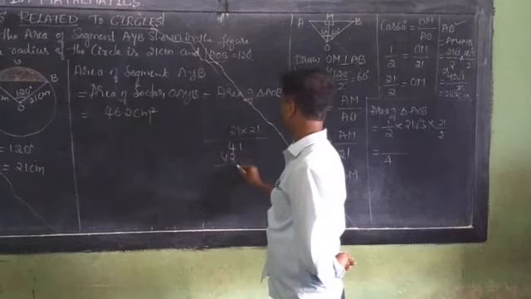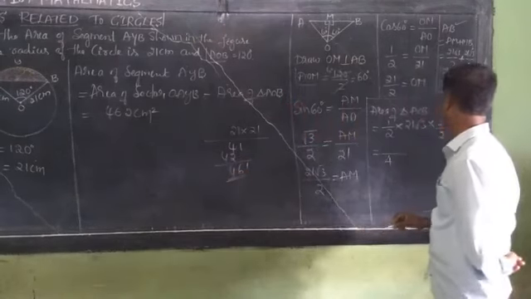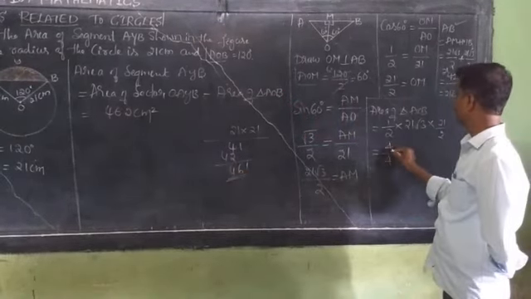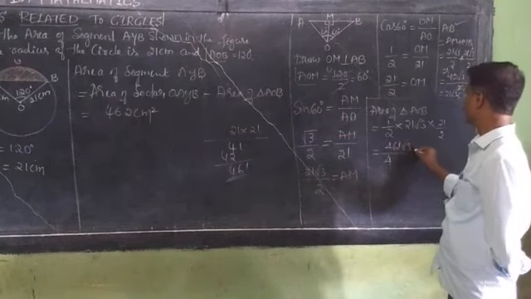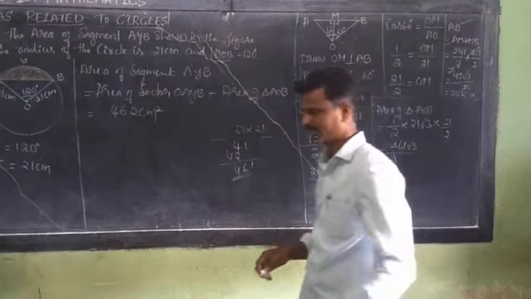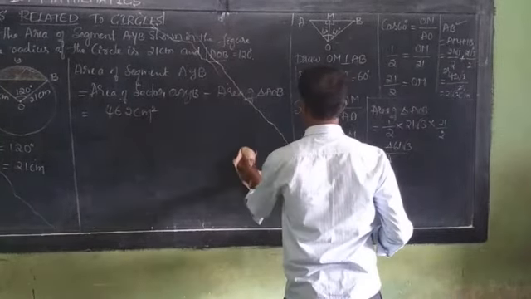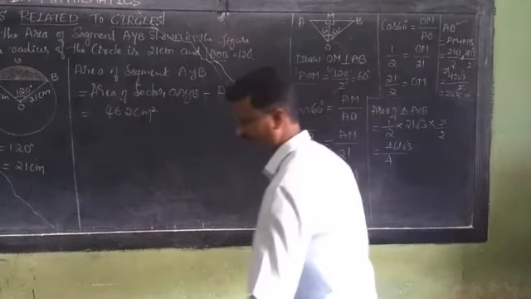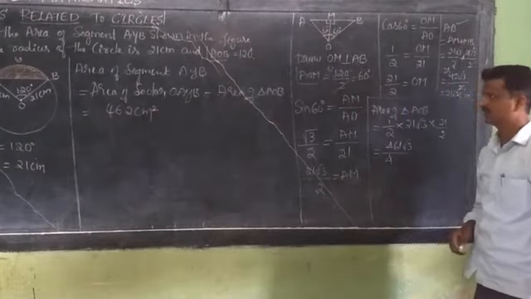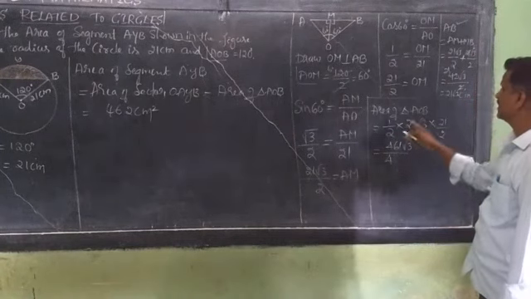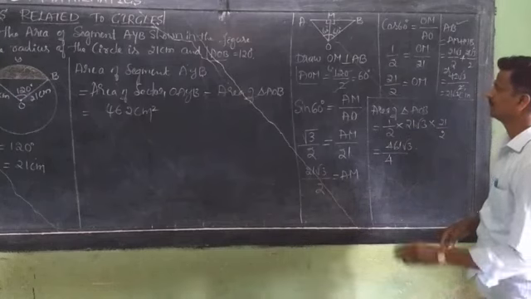That is 441. So 441 root 3 by 4. This is the area of the triangle AOB.